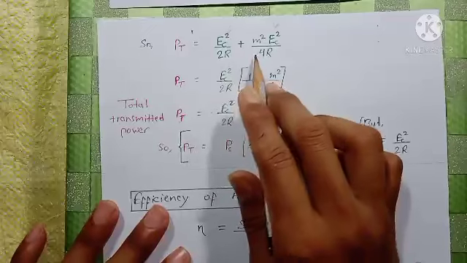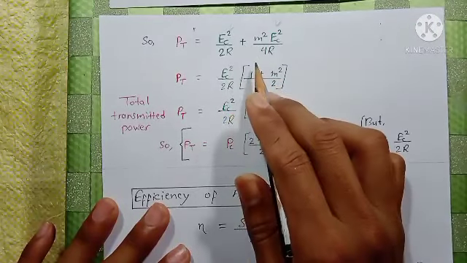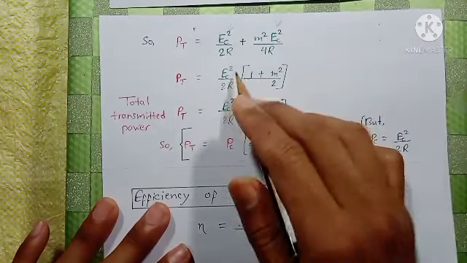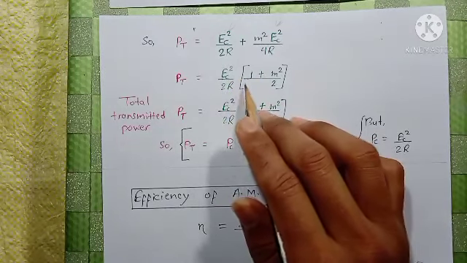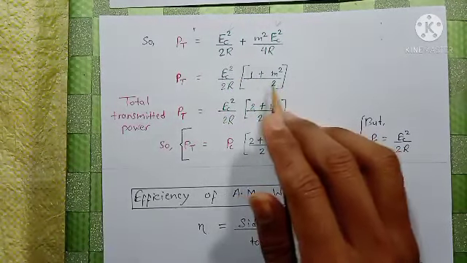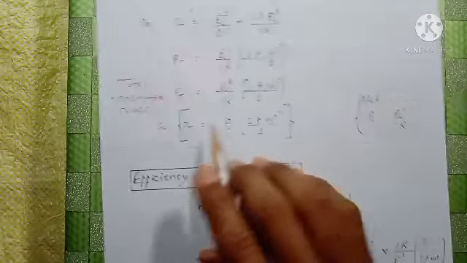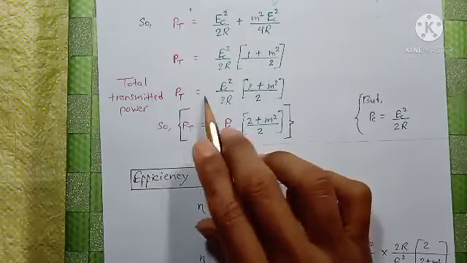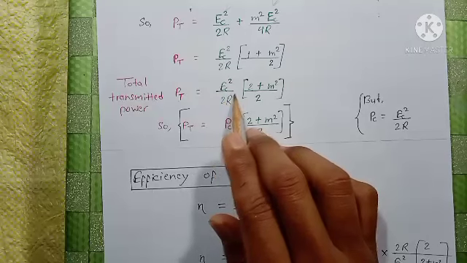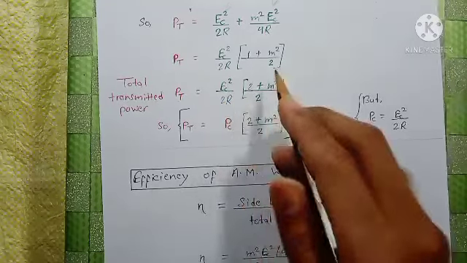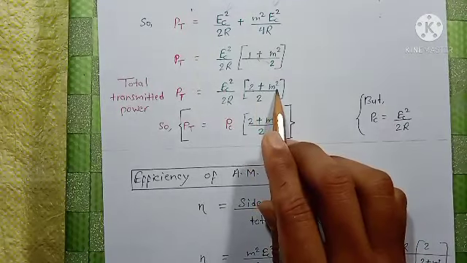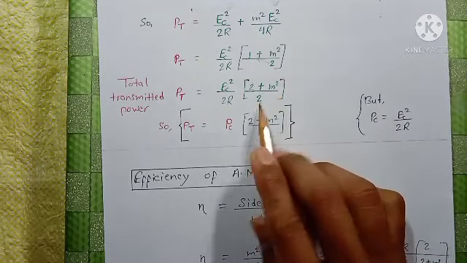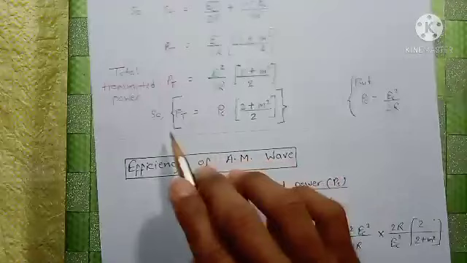We will take the common factor out, and we will get Ec square divided by 2R in bracket 1 plus m square divided by 2. So the total transmitted power PT is equal to Ec square over 2R in bracket 1 plus m square divided by 2.